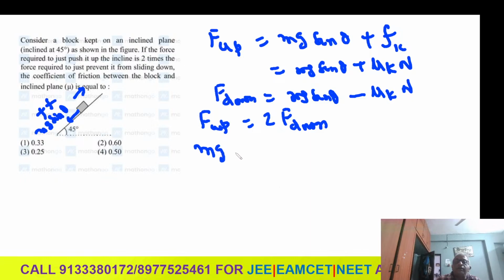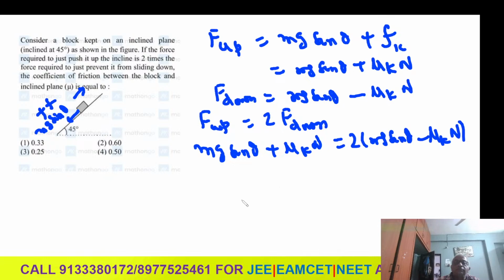So mg sin theta plus mu k N is equal to 2 times (mg sin theta minus mu k N). Here the normal reaction N is mg cos theta, because the weight is resolved into components and the normal reaction is balanced by mg cos theta. So I'll expand this and get the answer for friction.